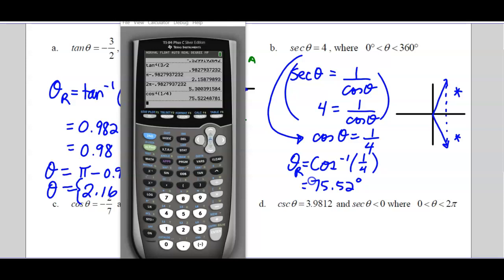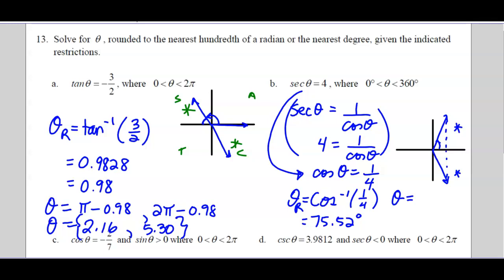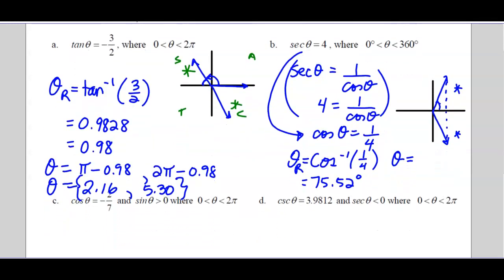That's going to be the same as theta. Because it's degrees, we don't have to keep the decimals because it's not like pi. So it says nearest degree, so theta will be, that actually goes to 76 degrees. And then this angle all the way to here will be 360 minus 76. So therefore, theta equals 76 and 284.